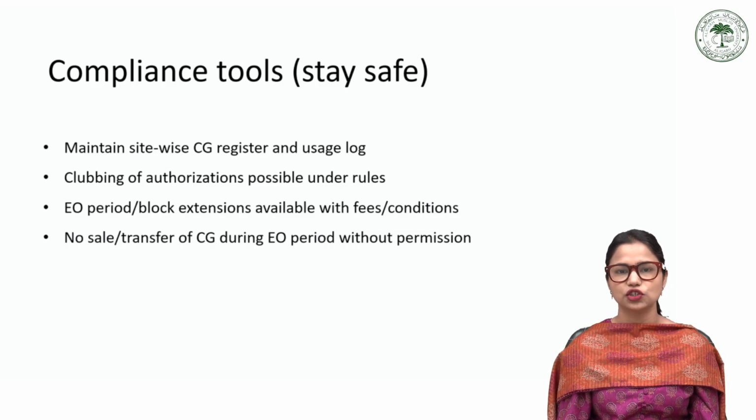Clubbing of authorizations possible under rules. EO period or block extensions available with fees or conditions. So, an exporter might approach the DGFT to extend the period of export obligation from 6 years to maybe 10 years.